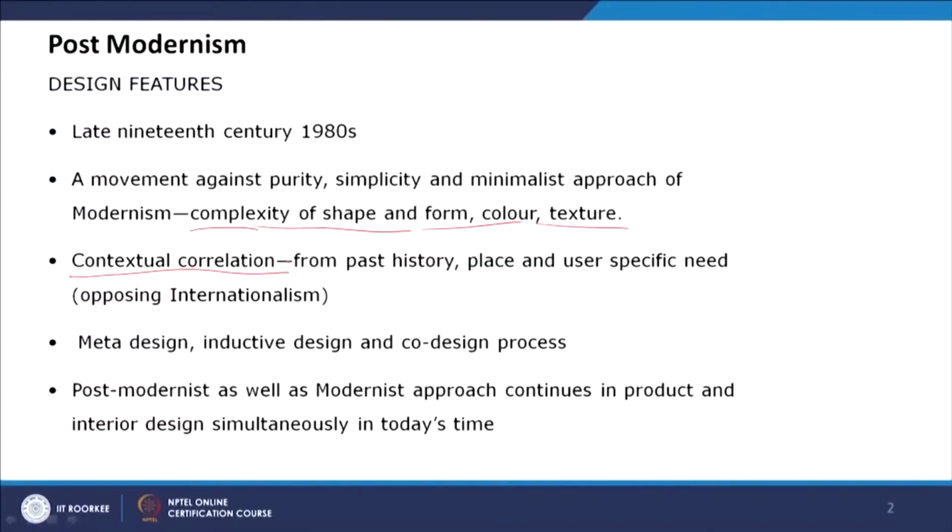Contextual correlation was not there in the internationalist movement. One particular style was established in each and every context, and it could be amalgamated within any context. That was there in the Farnsworth House and the Johnson House, which we have seen in the internationalist movement.